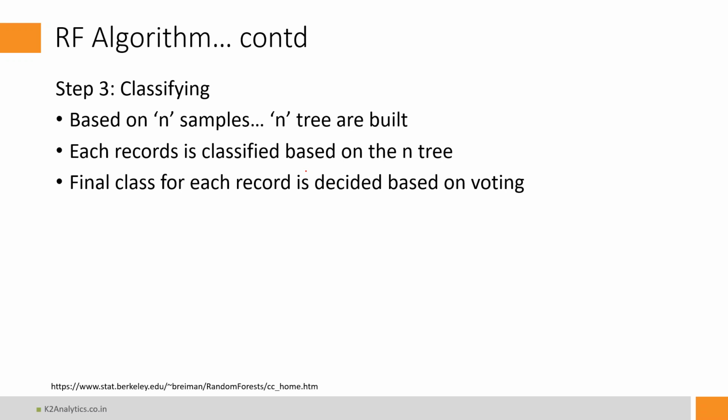If majority of the predictions comes out to be class 0, final class will be class 0. In case it is a continuous number, like you want to predict the probability, in that case you classify each record based on the n trees, you will get n probabilities, and then you have to do average of those n probabilities. That will be the final probability. This is the step 3. In random forest, you do not have pruning step.